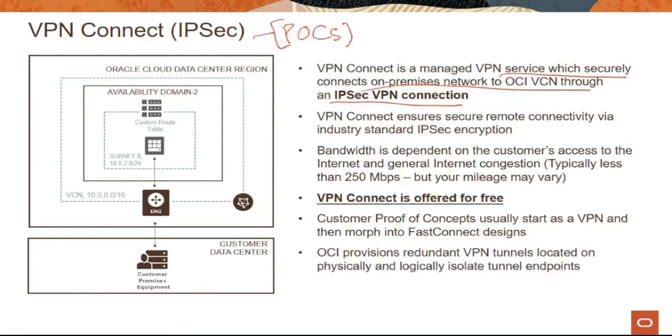production environments. Now, an important thing to keep in mind: OCI provisions redundant VPN tunnels located on physically and logically isolated tunnel endpoints. So what we do is, coming out of the DRG, you get two different tunnels here, and we manage those tunnels on physically and logically redundant hardware. It's not like the tunnels are running on the same hardware and if the hardware goes down, the tunnels go down.